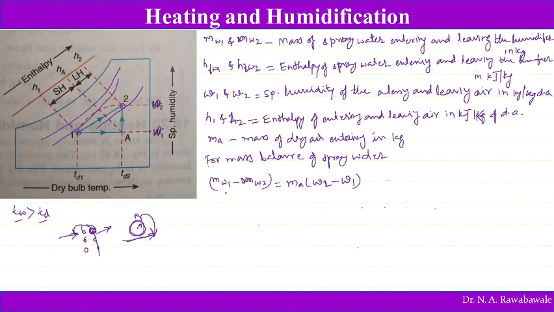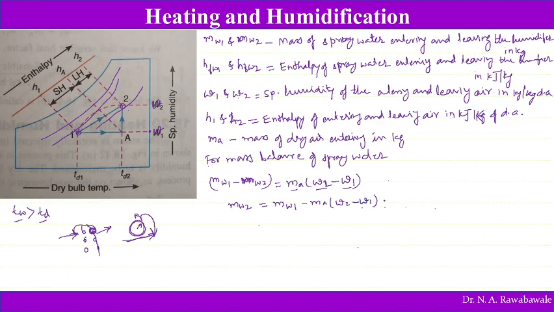Therefore, mass of water at inlet minus mass of water at outlet is equal to mass of air into the specific humidity of air leaving minus the specific humidity of air entering the system. So this can be written as mass of water at the outlet is equal to mass of water at inlet minus mass of air into omega 2 minus omega 1.